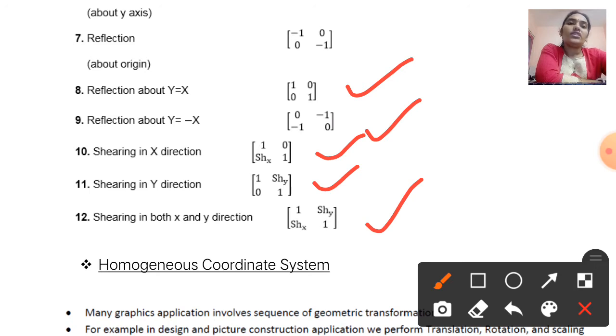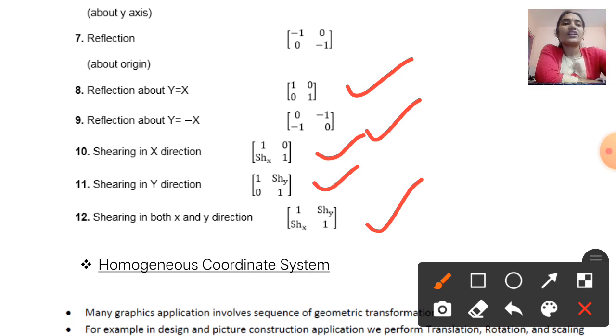So these are the matrix representations of the five types of 2D transformation. All these matrix forms are very important and all of you should remember them.